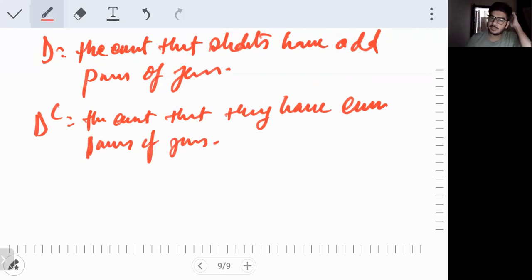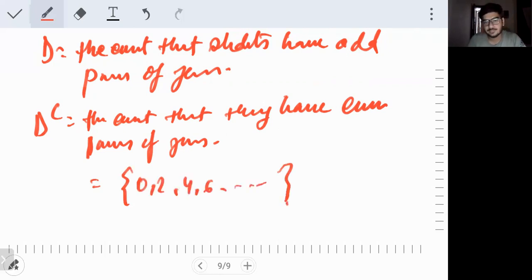So D complement will be the event that they have an even number of pairs. It will be 0, 2, 4, 6, right? So this way we can explain the case.